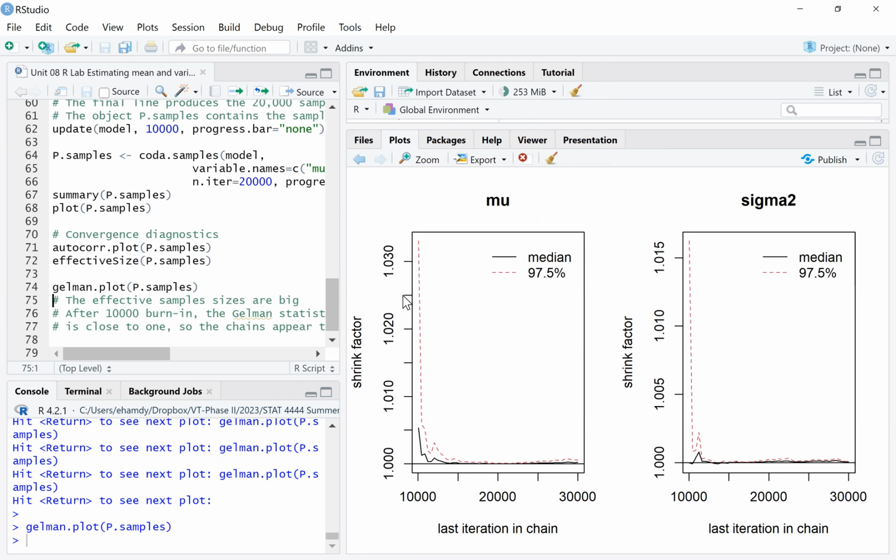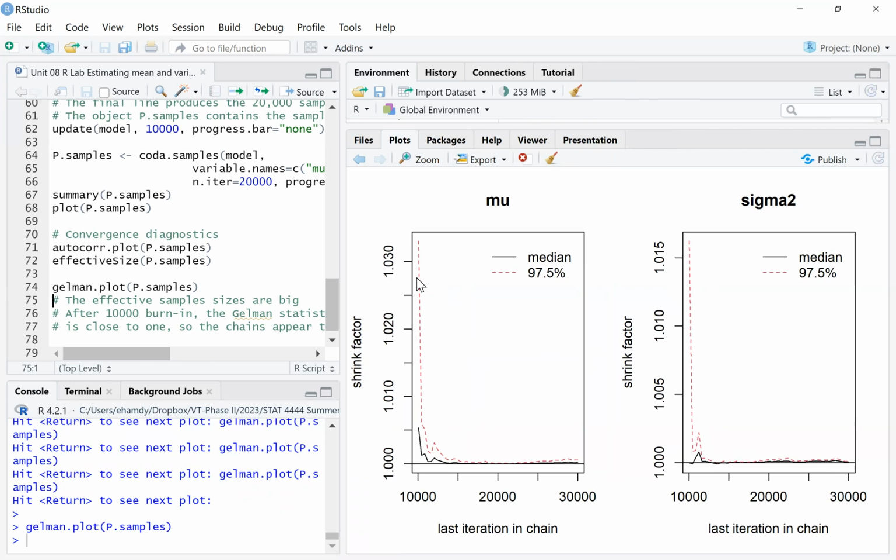See, it is 1.03. This one is close to 1. So it looks like convergence happened from the very beginning for the first parameter mu, and 1.015 is also very close to 1, so it looks like convergence happened at the very beginning. I used a burn-in of 1000, and from 1000 it looks like convergence happened.